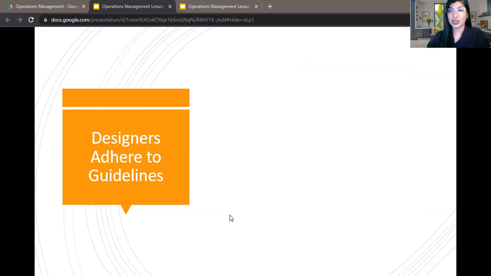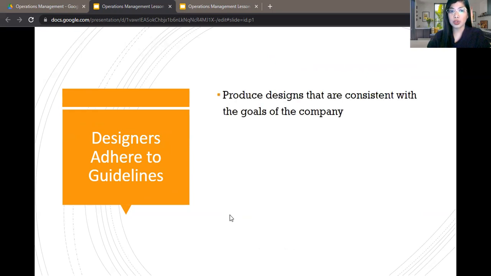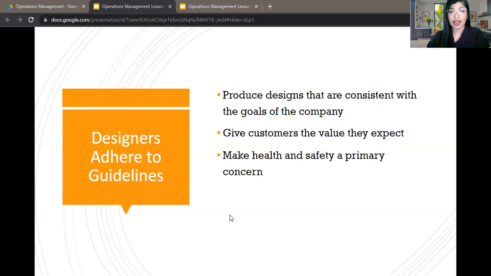The organizations generally want designers to adhere to guidelines such as the following. Produce designs that are consistent with the goals of the organization. For instance, if the company has a goal of high quality, don't cut corners to save costs, even in areas where it won't be apparent to the customer. Next is to give customers the value they expect. Next is to make health and safety a primary concern.